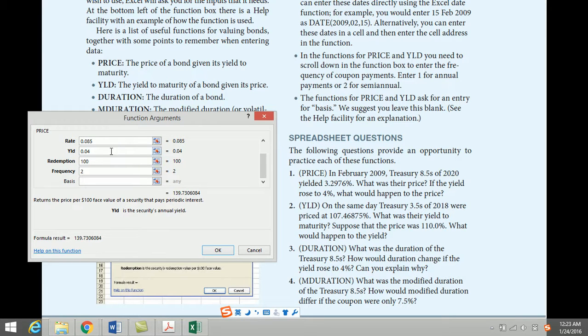So we can see that the price falls from 147 to 139. It's pretty straightforward. You can try it on your computer. And for 2, 3, and 4, you can always use this dialog, use this window to finish them. Hope this helps in your study and in future practice.